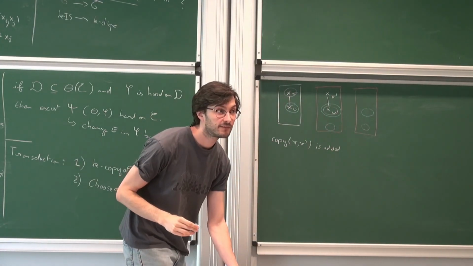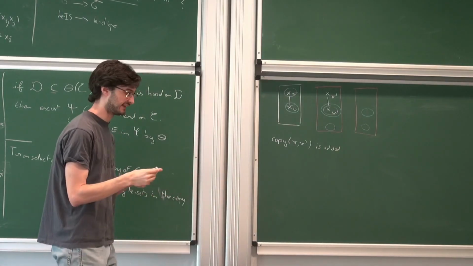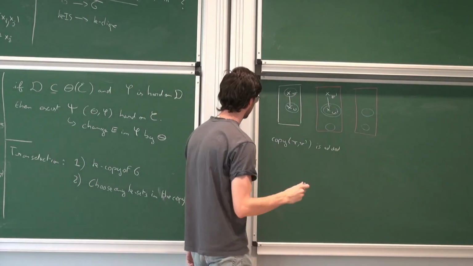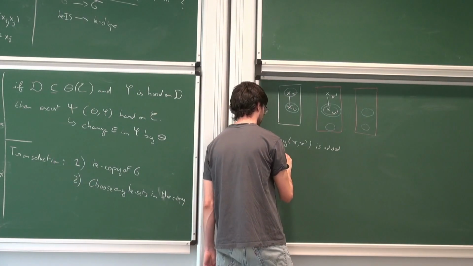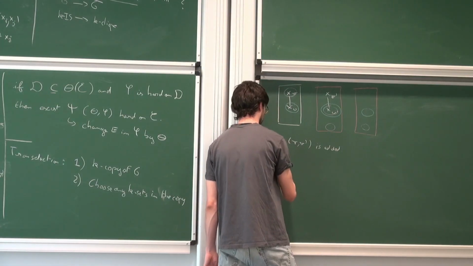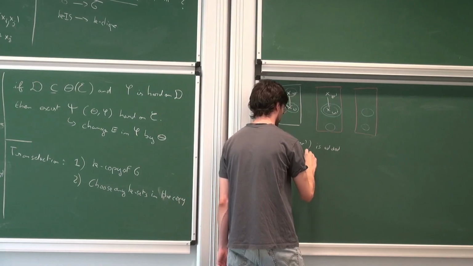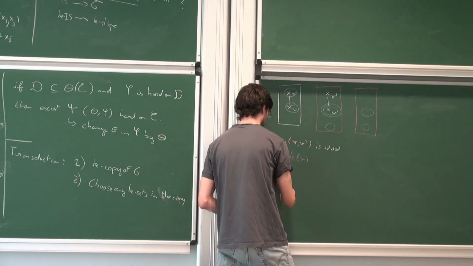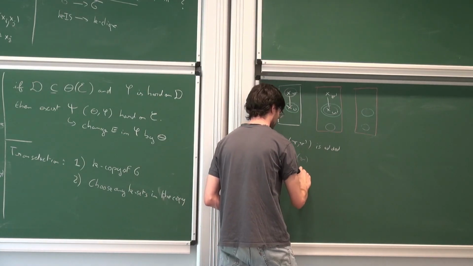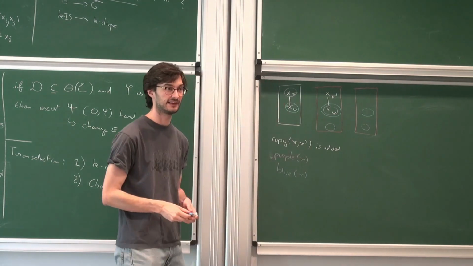And being blue or being purple is added to the logic. So we get purple of V, and blue of V, that are predicates.